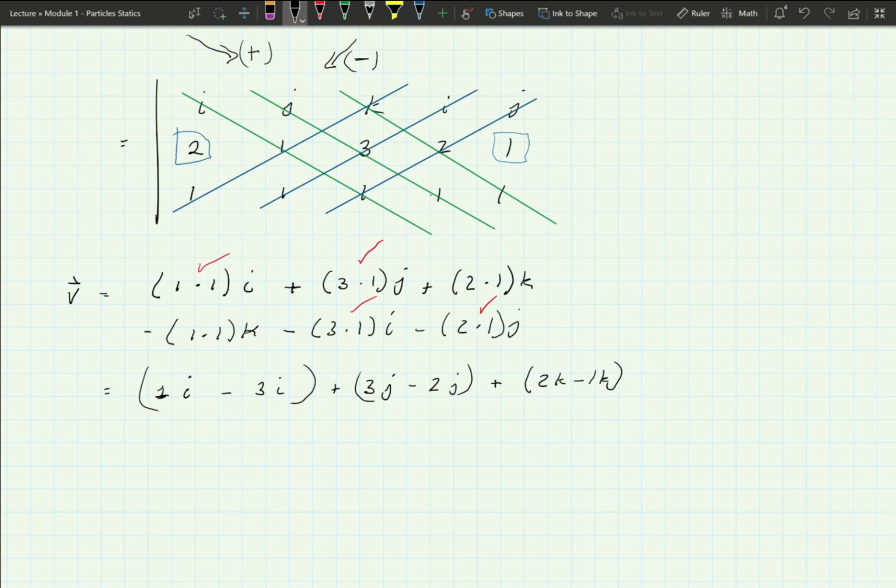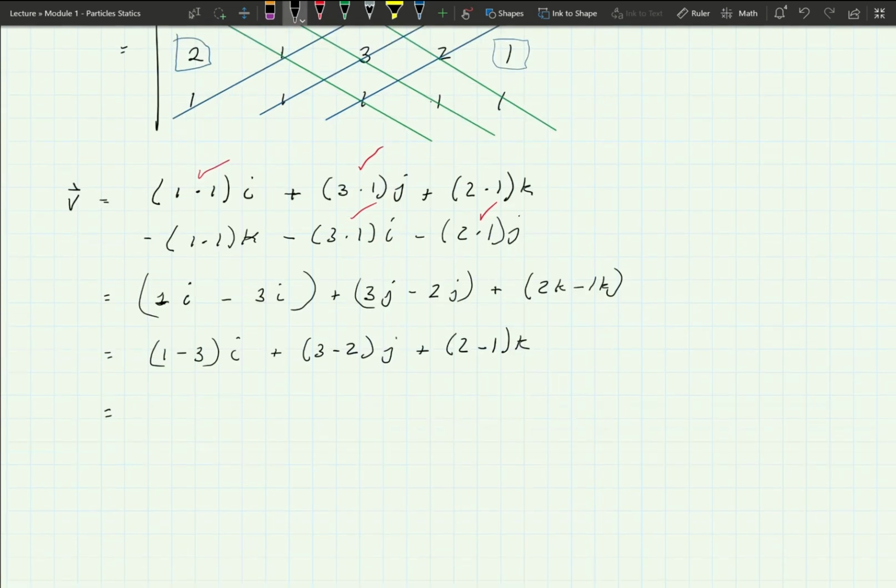When we get done, we are literally going to bring everything out. 1 minus 3i plus 3 minus 2j plus 2 minus 1k.